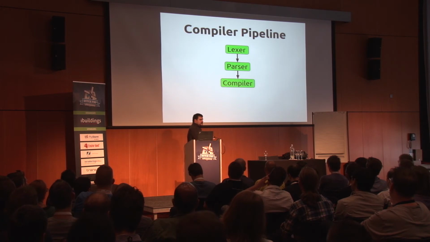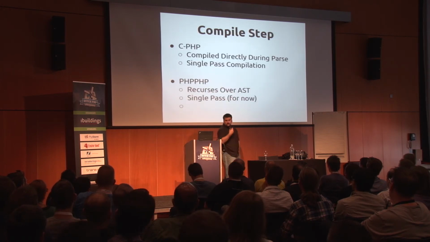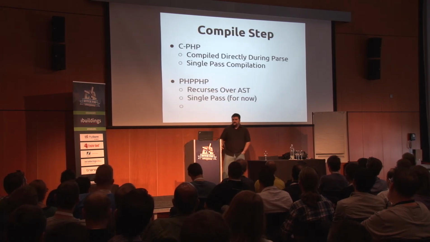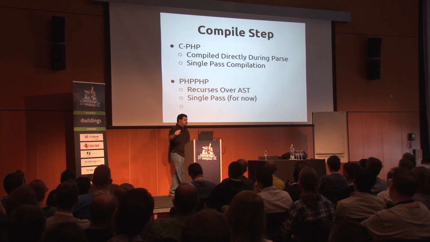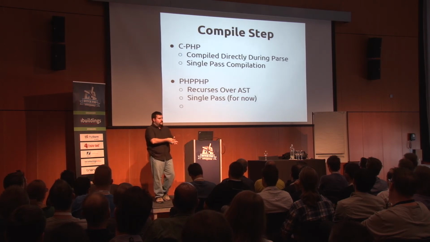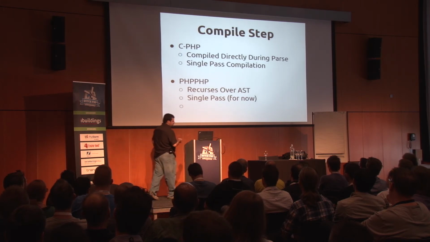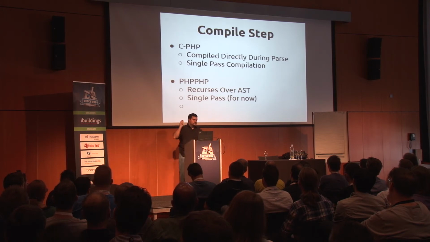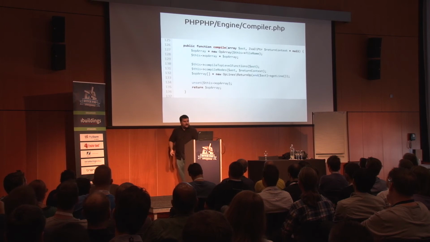Now the compiler then takes a look at that, runs over it, does a single pass, and optimizes a whole bunch of stuff and converts it actually into something executable. In PHP, it's recursive, whereas CPHP is a single pass. Again, don't worry about the tiny differences.